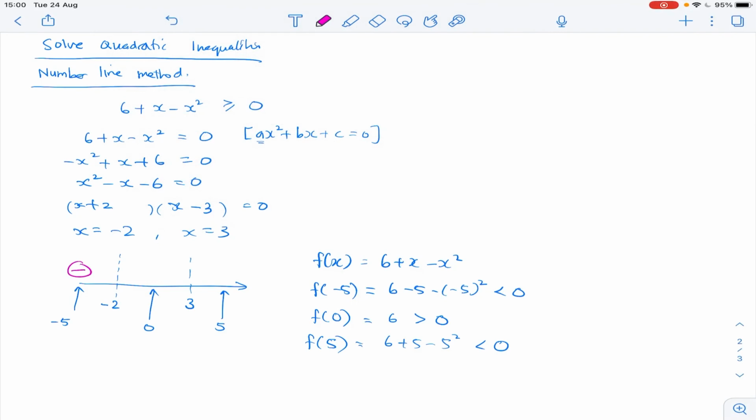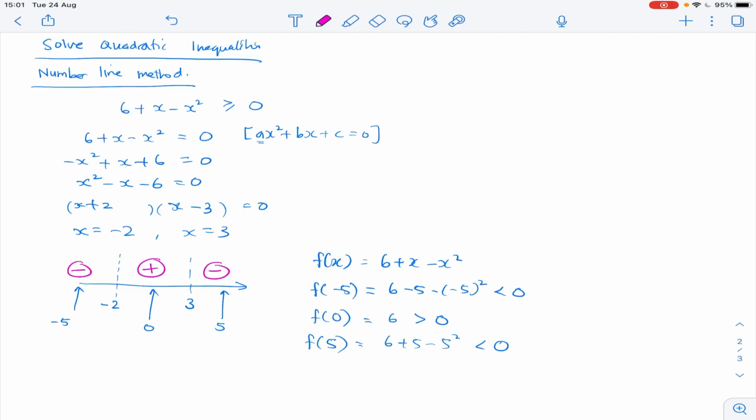So any number where x is less than negative 2 will give a value which is less than 0. Any number between negative 2 and 3 will give a positive value. And any number greater than 3 will give a negative value.